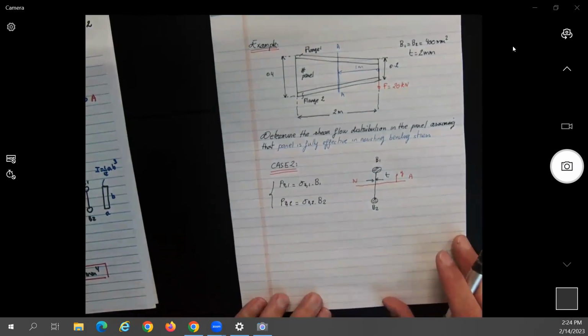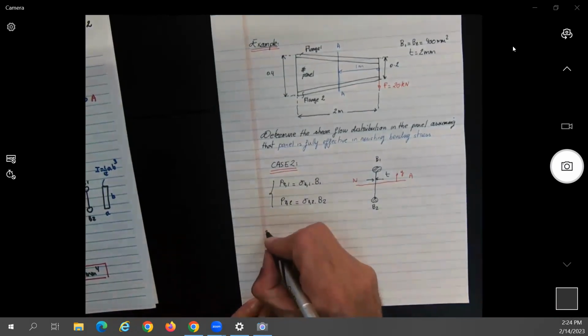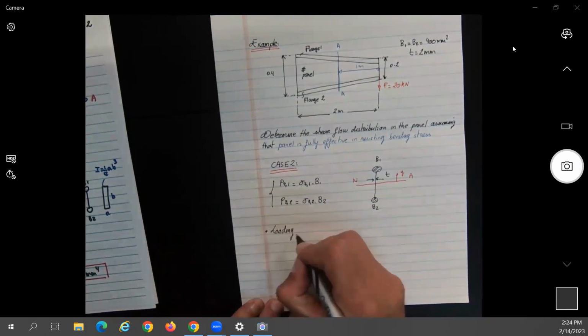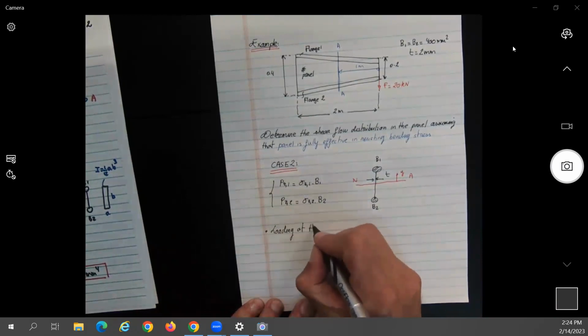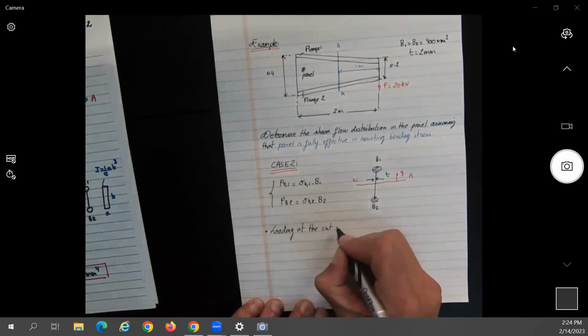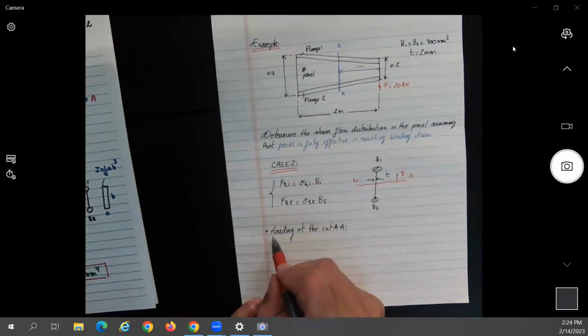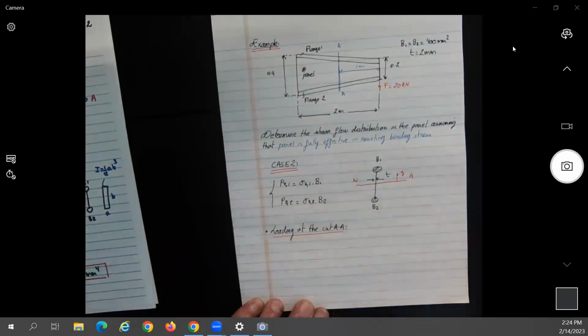Over here, let's first calculate the loading at the cut. Since we are dealing with bending stresses, what do we need to find?